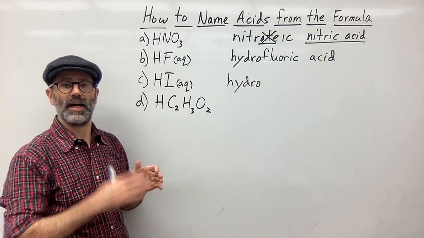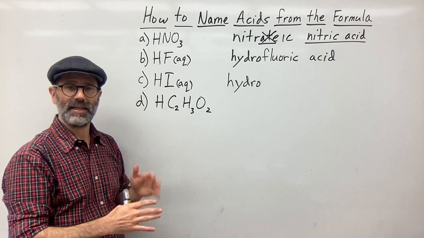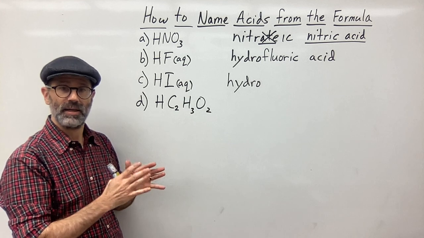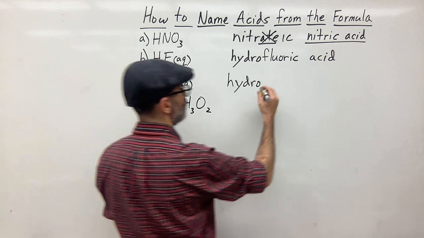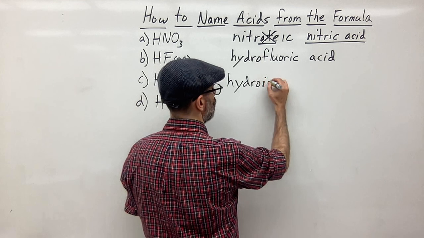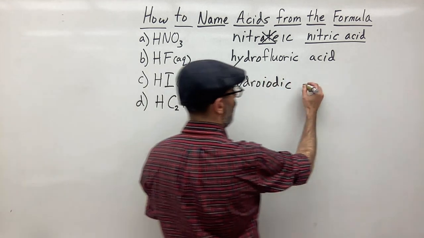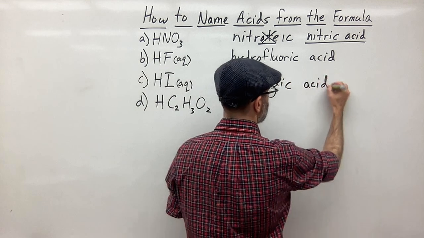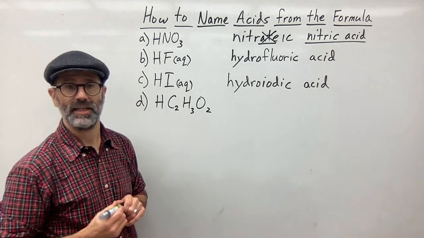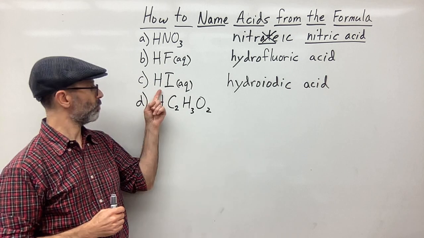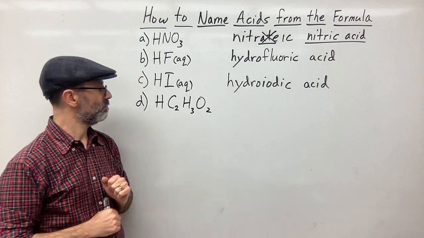So again, we're going to drop the INE ending, add IC, so it becomes iodic, and then we add that to the end. So hydroiodic, and then we add the word acid. Hydroiodic acid is the name of this acid here. So the formula and the name.